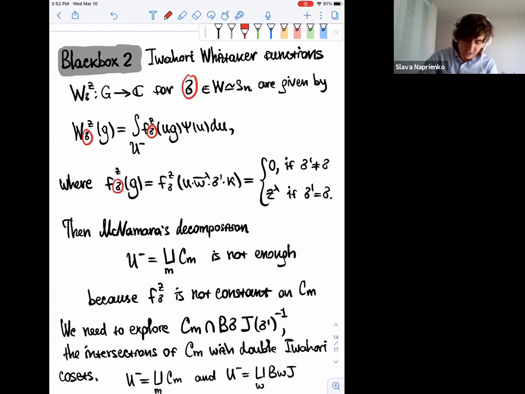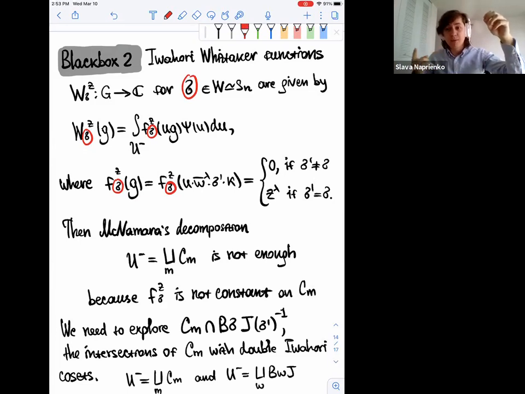What is the difference between the usual f and f sigma? f was capturing the diagonal. I was telling you that basically f says, give me the diagonal, and I'm going to raise z to this. But here, it depends on the Iwahori decomposition. So it is not just the diagonal.